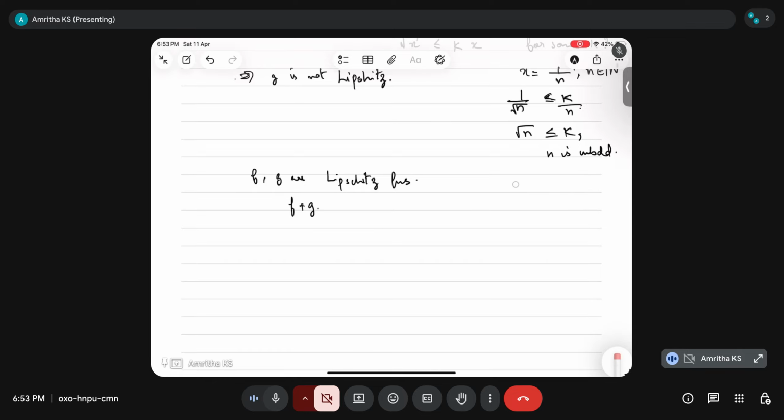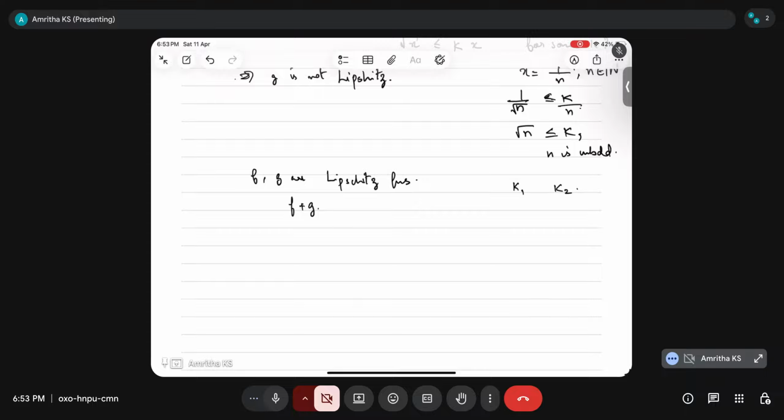If k1 is the constant with respect to f, and k2 with respect to g, then one can apply the triangle inequality.